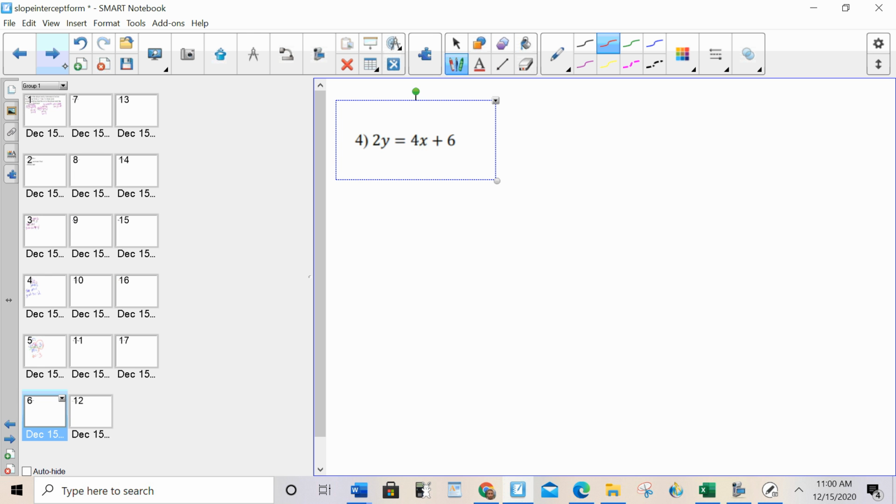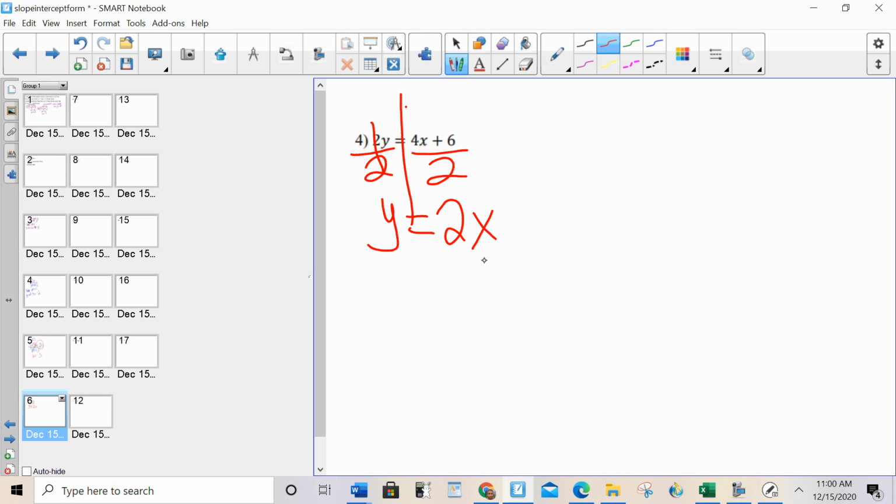Number 4, is y by itself? No. To get y by itself, I have to divide by 2. I'm not subtracting because there's no plus or minus with the y. I'm dividing by 2, and I divide the entire side by 2. So 4x divided by 2 is 2x. 6 divided by 2 is 3.